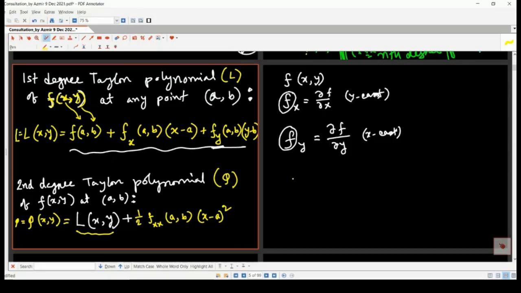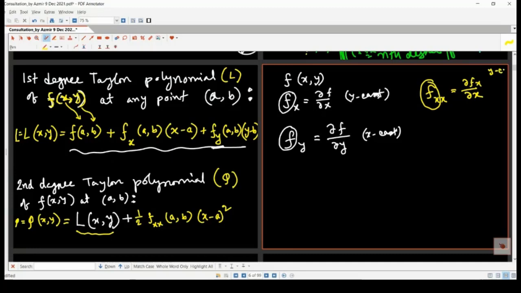So what is f sub xx? It means you have to differentiate f sub x with respect to x. At that time, the other variable will be constant. So f sub x, already you have f sub x here. So in order to find f sub xx, you need to find first f sub x, then you can differentiate with respect to x.